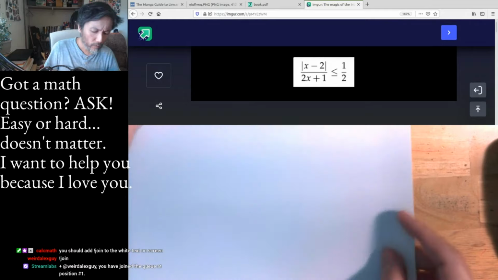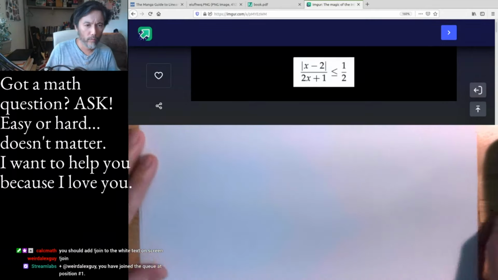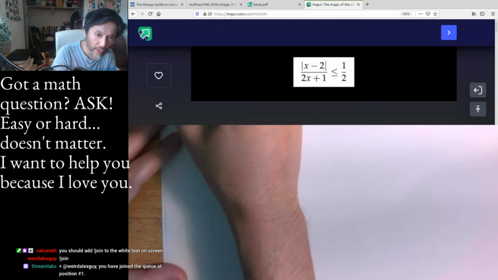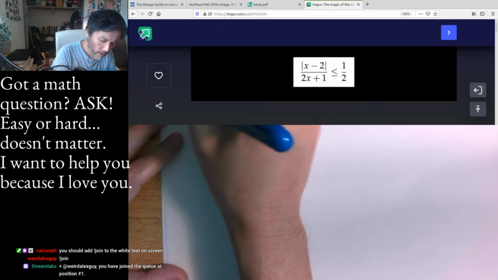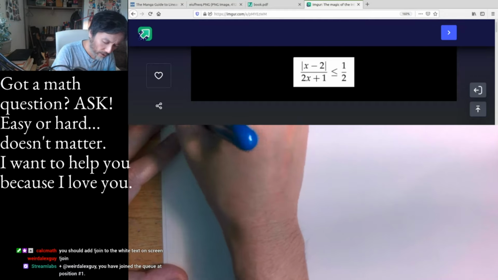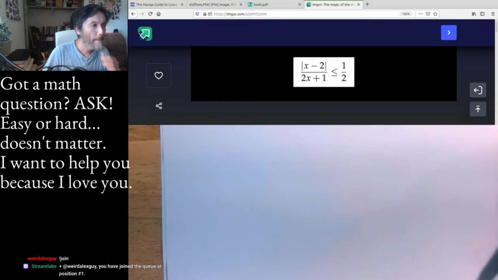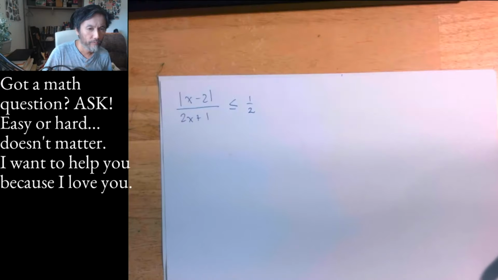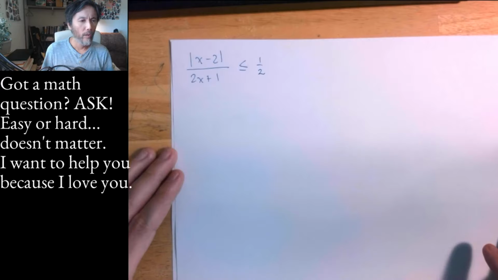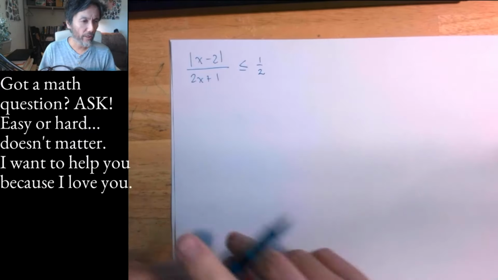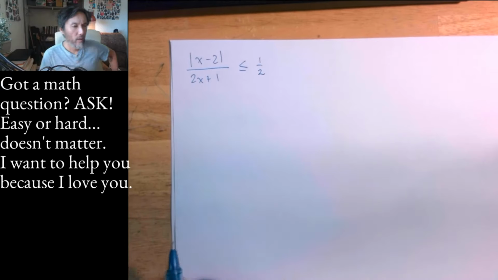So, yeah, let me write it down first. The absolute value of x minus 2 over 2x plus 1 is less than or equal to 1/2. We want to solve this monstrosity.